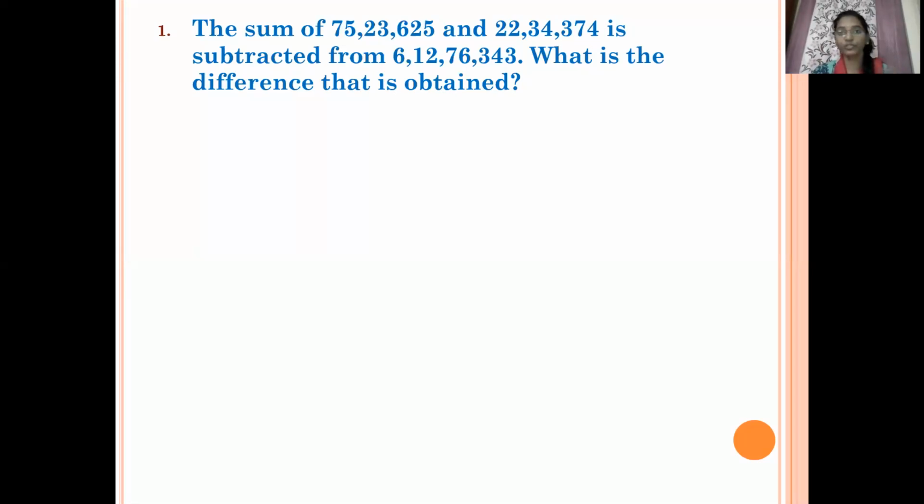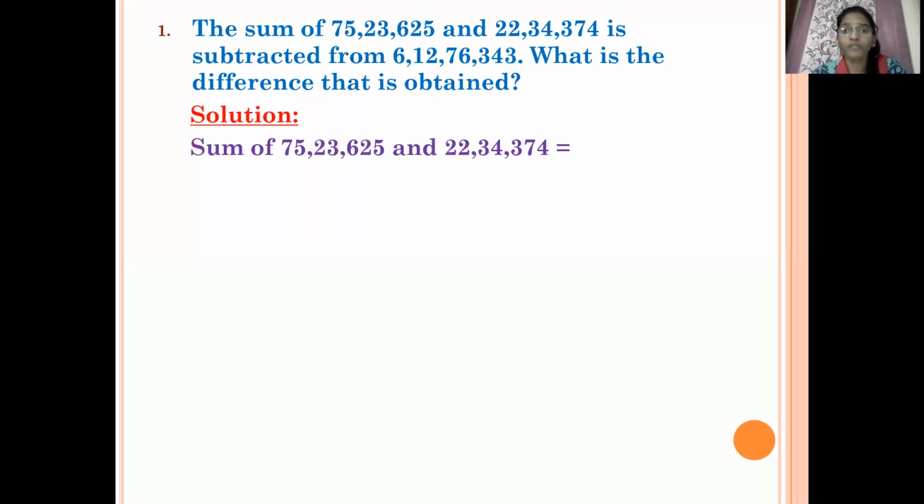As I told you, first you will find the sum of the first two large numbers. Then the second step is you're going to subtract the sum from the large number, that is 6,12,76,343.